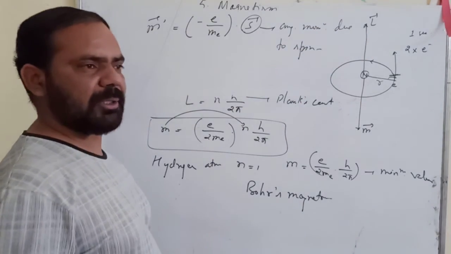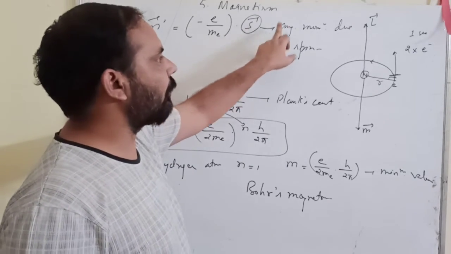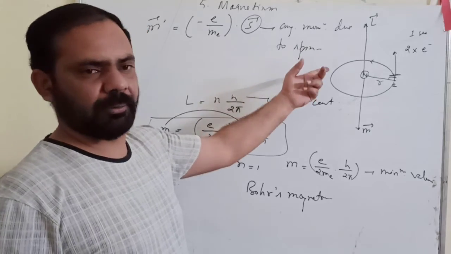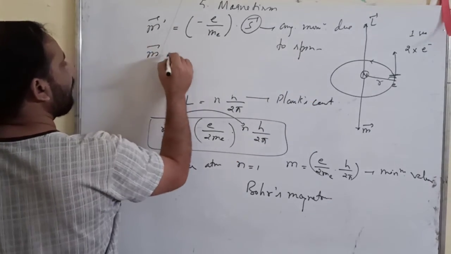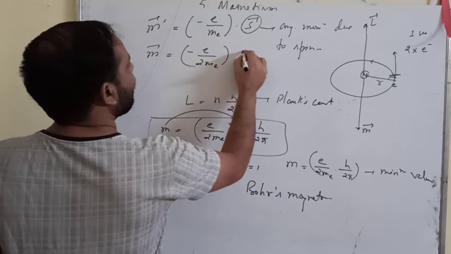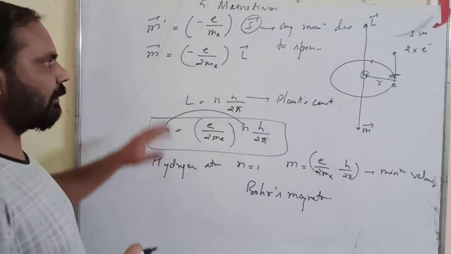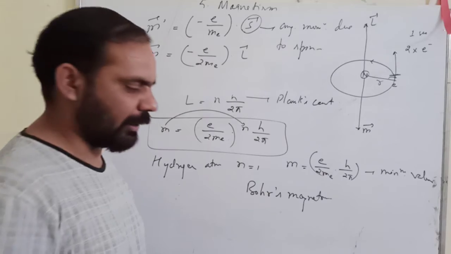Sorry, mistakenly I said that it is the spin quantum number, not like that. This is your angular momentum due to the spin of the electron. Okay, so the formula we had earlier was minus e upon 2me into L vector. This was our earlier formula due to the revolution of the electron. This is due to the spin of the electron.